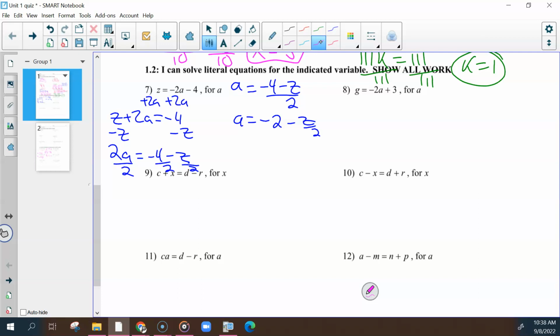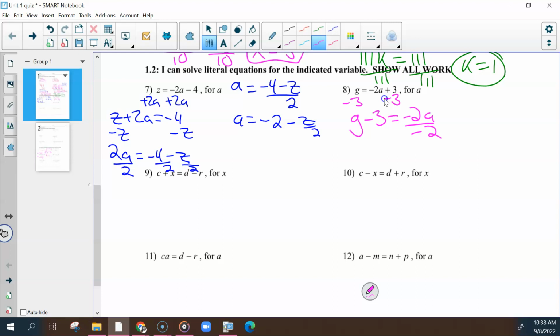If you did it the opposite way, that's fine. I'm just going to subtract 3 on both sides. I don't have anything to distribute or combine. So then I move by subtracting, and my last step would be to divide. In this case, neither of these are going to simplify if I divide them by 2.